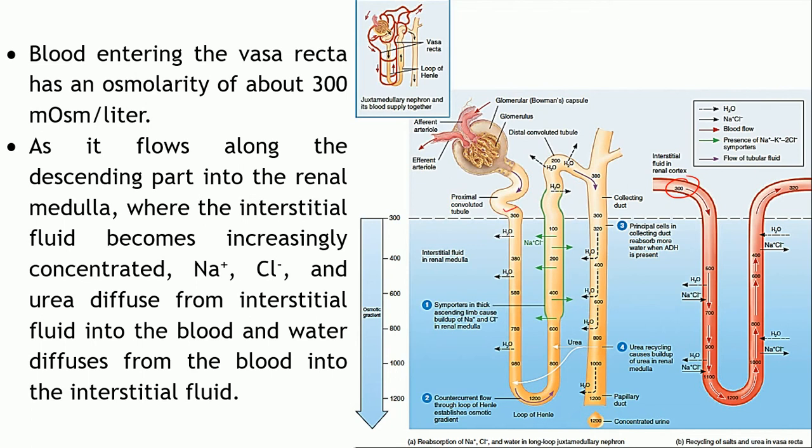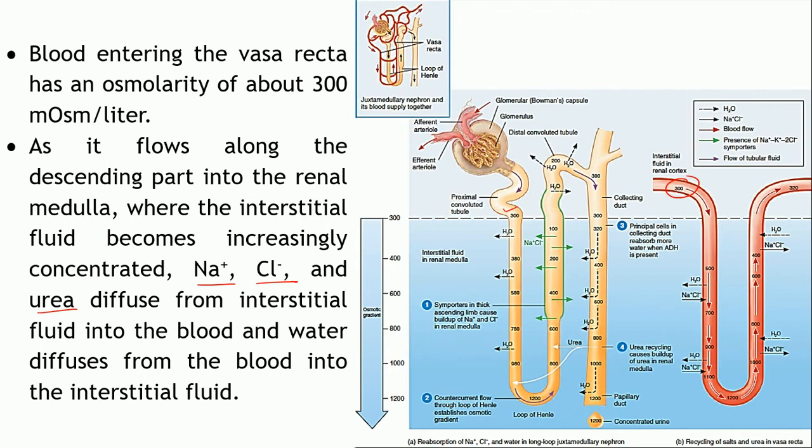Now as the blood flows along the descending part of the vasa recta, it is entering the region wherein a lot of sodium chloride ions and urea will be present, right?